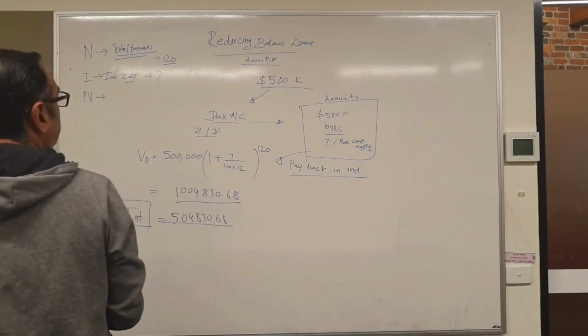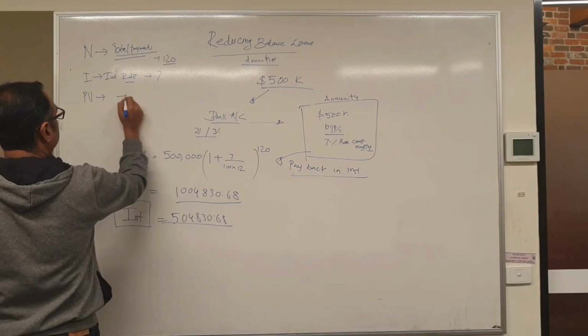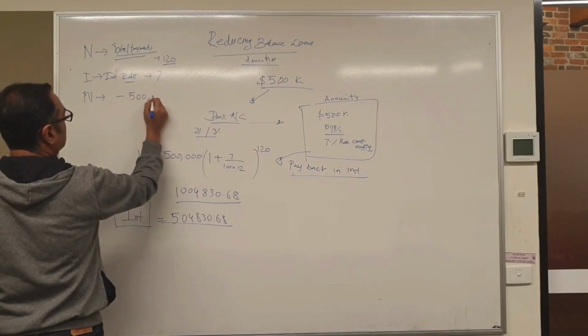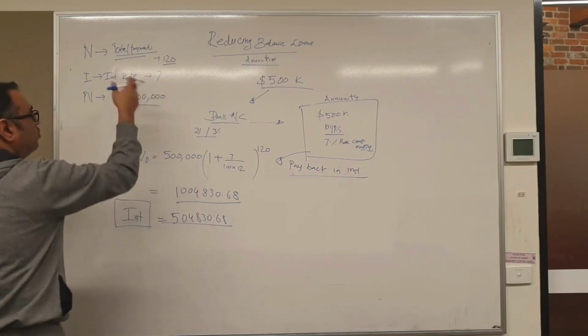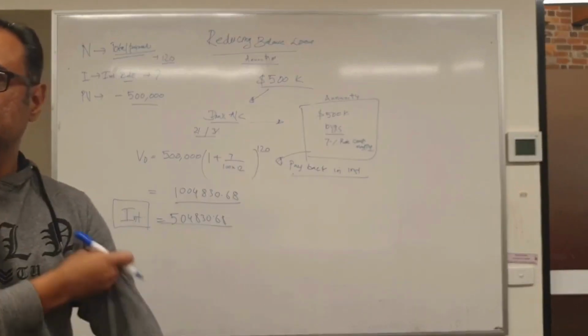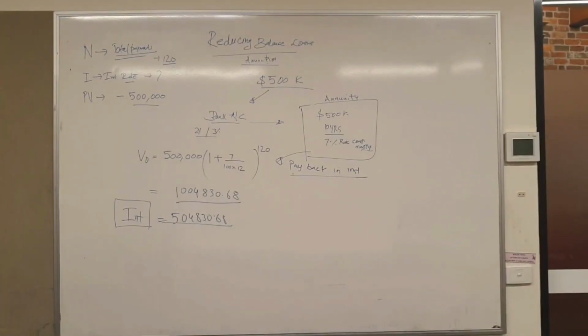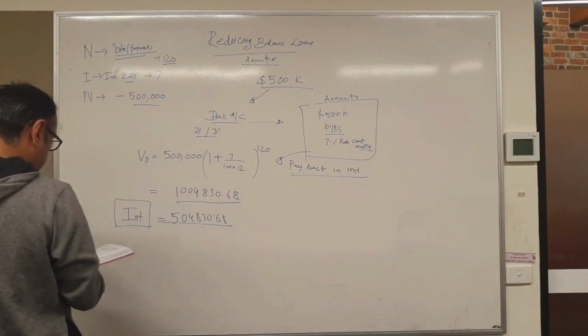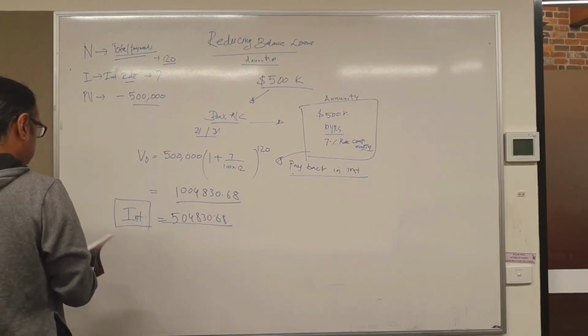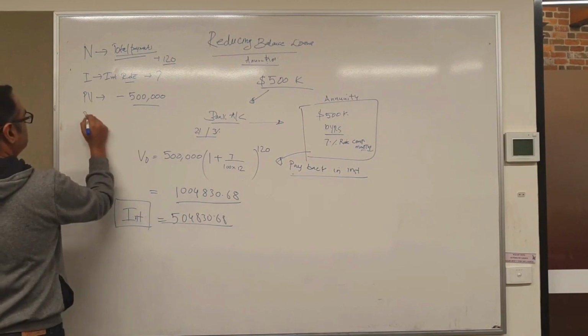So plug in minus 500,000, and I'll explain why it is a minus 500,000. Leave PMT as blank.